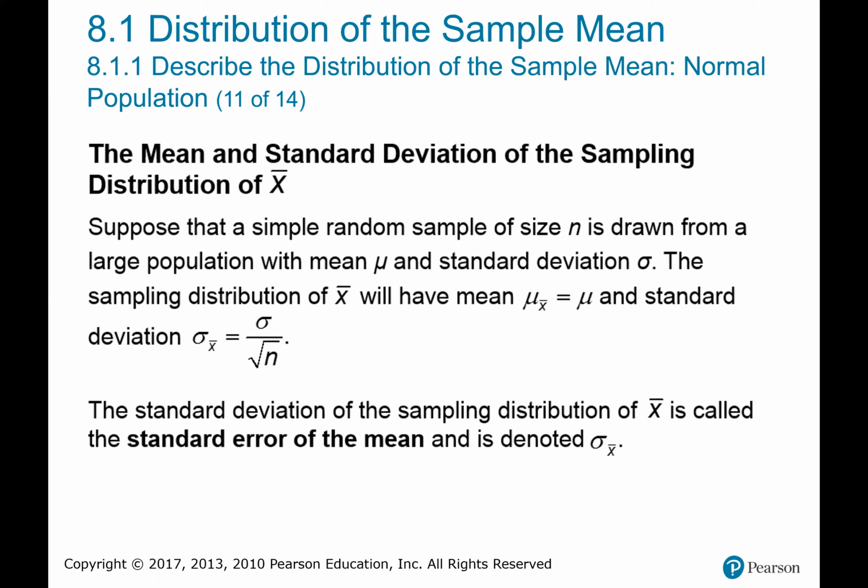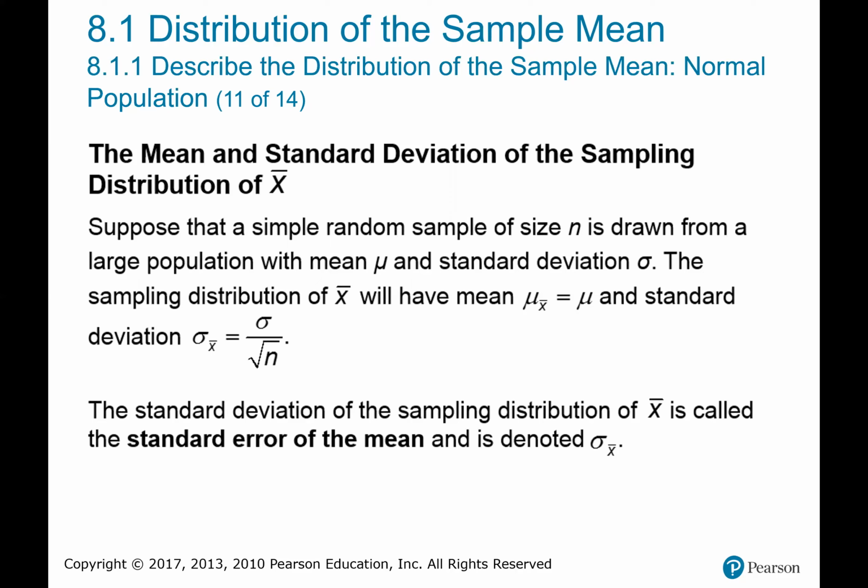Okay, guys, here we go. The mean and standard deviation of a sampling distribution of X bar. Suppose that a simple random sample of size n is drawn from a large population with mean mu and standard deviation sigma.